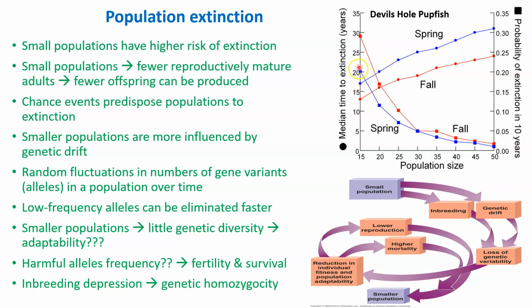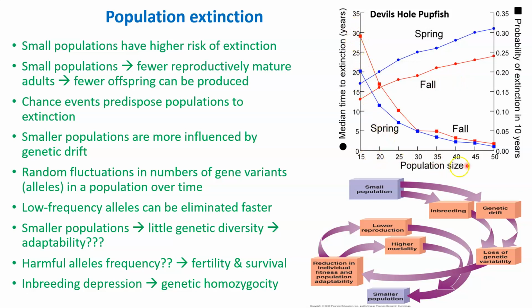The circles correspond to median time to extinction. The squares correspond to probability of extinction within the next decade. Blue is spring, red is fall. So you are looking at these Devil's Hole pupfish population trends. What do you see?